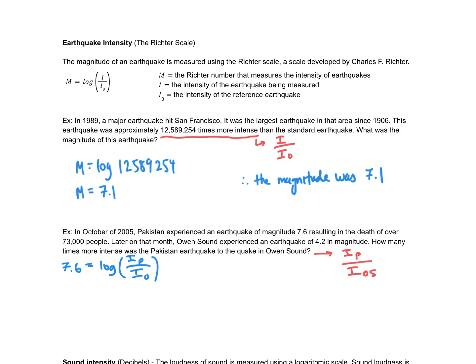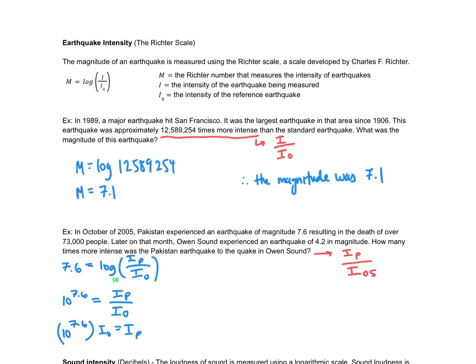So remember, we have that invisible base 10, so I'm going to just convert this into exponential form. 10 to the power of 7.6 is equal to intensity of P over the intensity of the reference. And then I'll just multiply both sides by the intensity of that reference earthquake. And now I have isolated for the intensity of this specific earthquake.